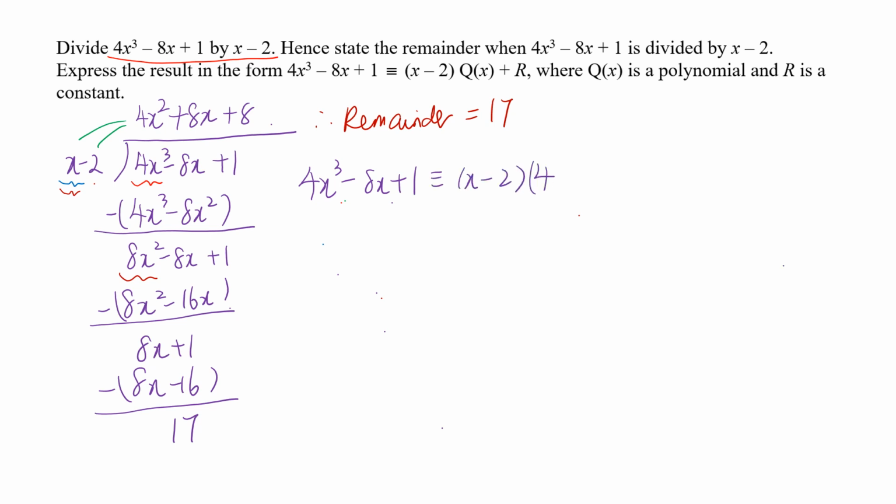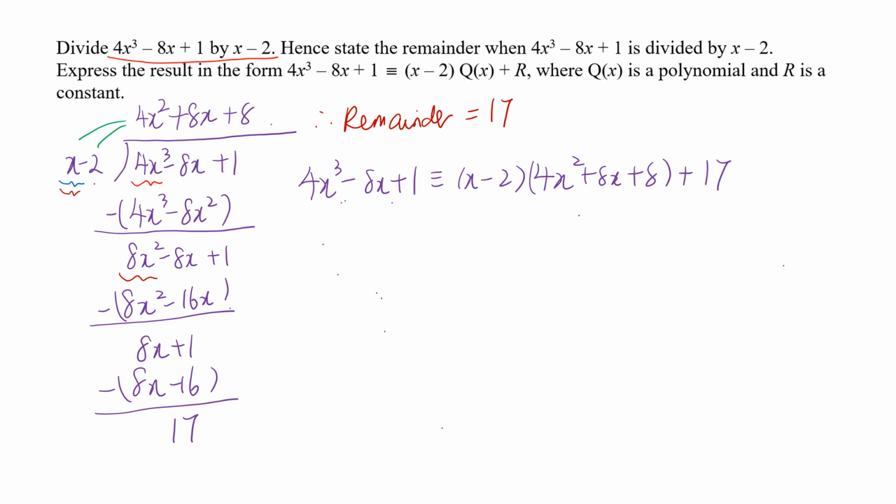We already found your quotient to be 4x squared plus 8x plus 8, plus your r, which is your remainder. r is a constant, meaning it's just a number. So yeah, 17 is a number. So plus 17. This is a rather long way of finding the remainder.